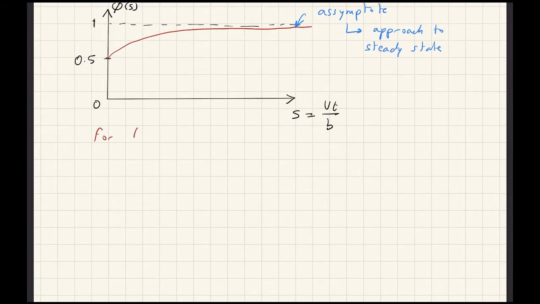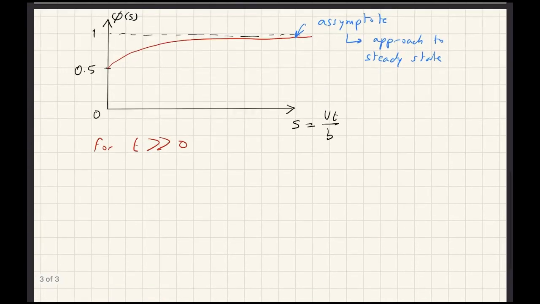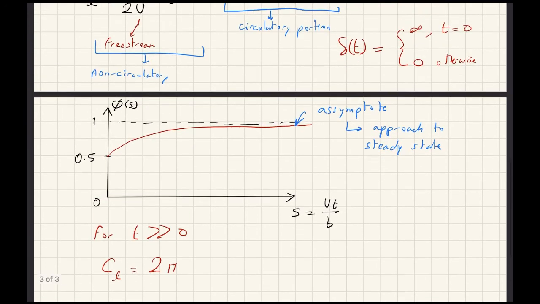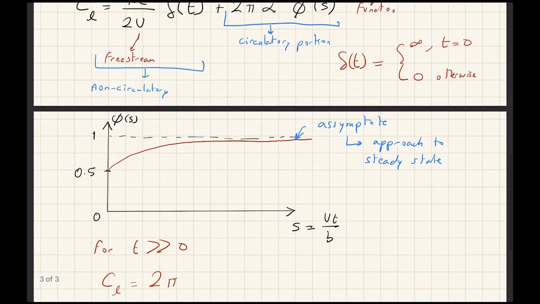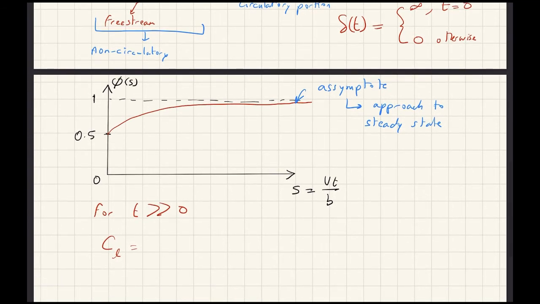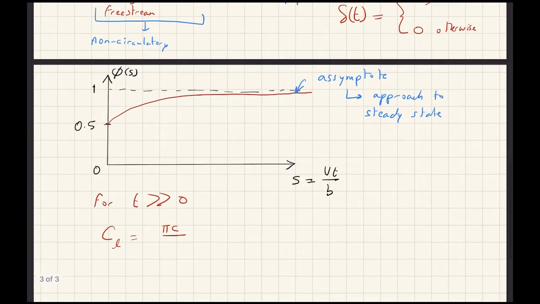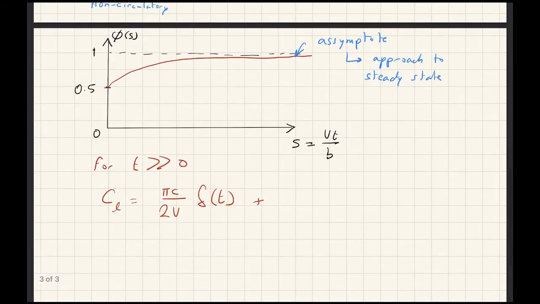So for t much larger than 0, CL is equal to pi c over 2u delta t plus 2 pi alpha phi of s.